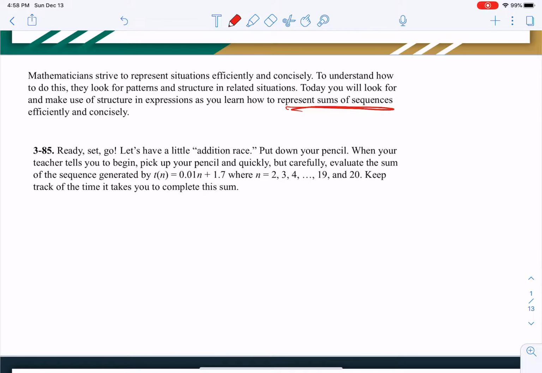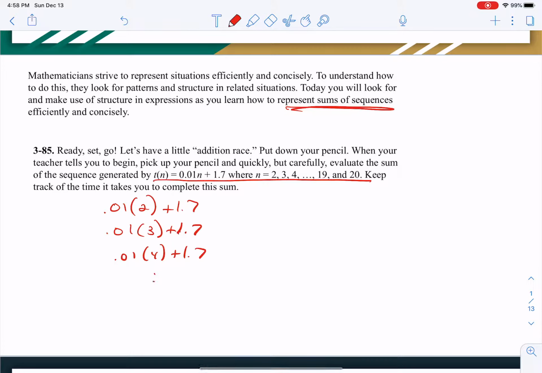So taking a look at problem 85, we want to evaluate the sum of this sequence. So if we start writing out each term in the sequence, 0.01 times 2 plus 1.7, 0.01 times 3 plus 1.7, 0.01 times 4 plus 1.7, all the way to 0.01 times 20 plus 1.7.